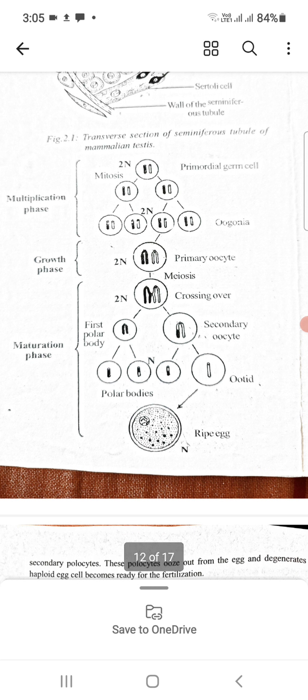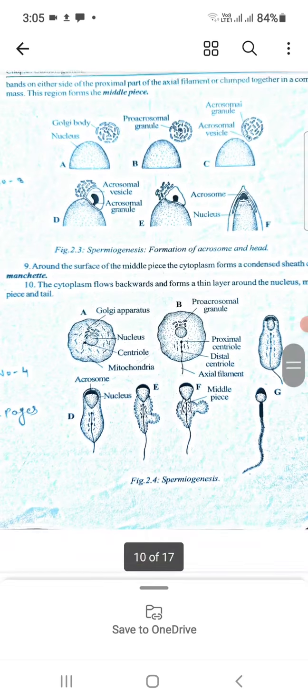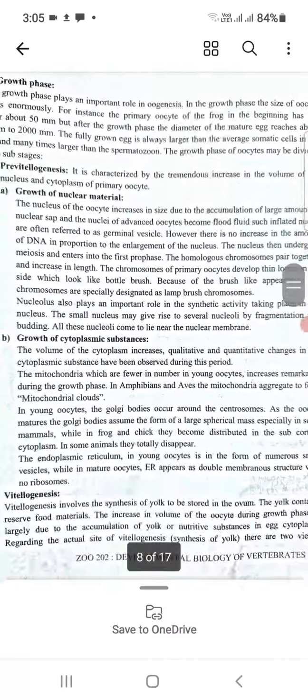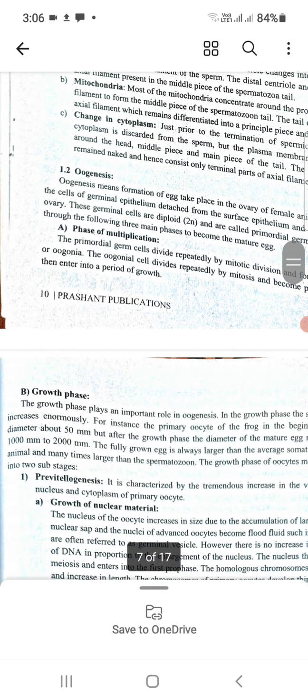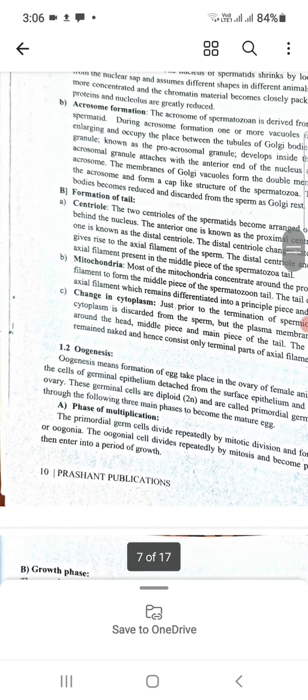This complete process, the formation of egg from primordial germ cells to the ripe egg, is called oogenesis.